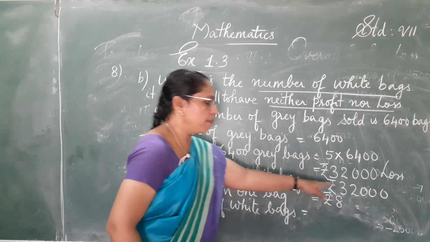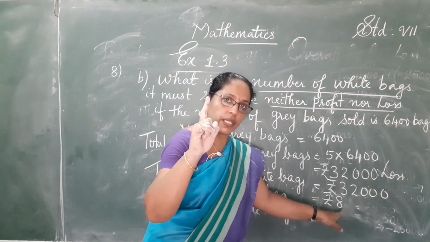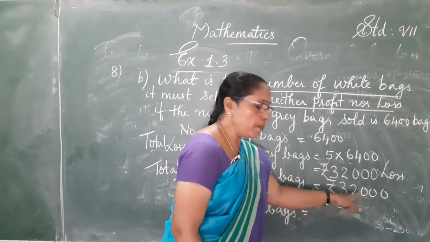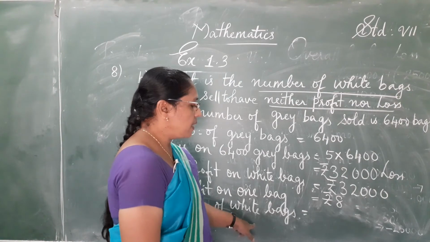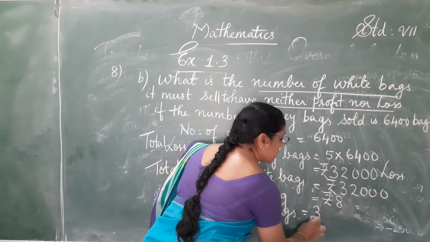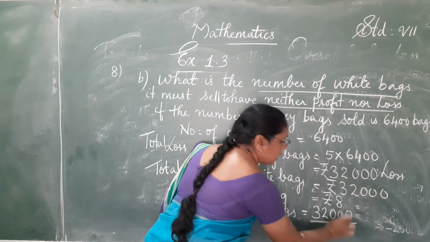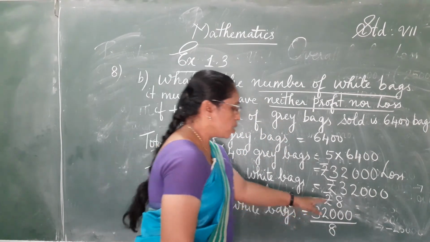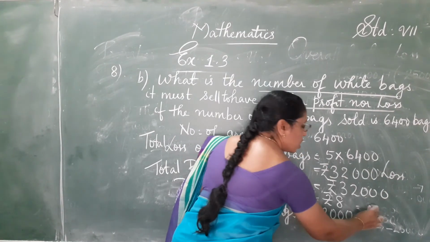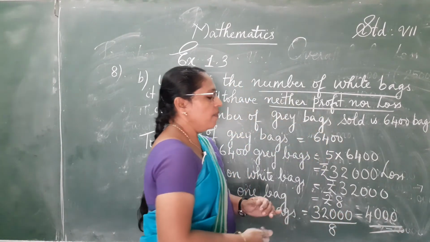Total profit of white bags is 32,000 and one bag profit is rupees 8. So how many white bags give a profit of rupees 32,000? So 32,000 divided by 8. Okay. So we get 8's table, 4 times 32. So 4,000 bags.